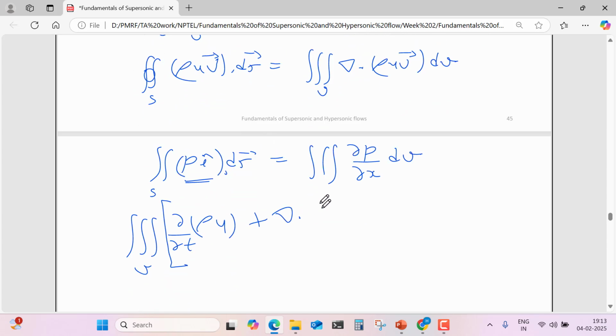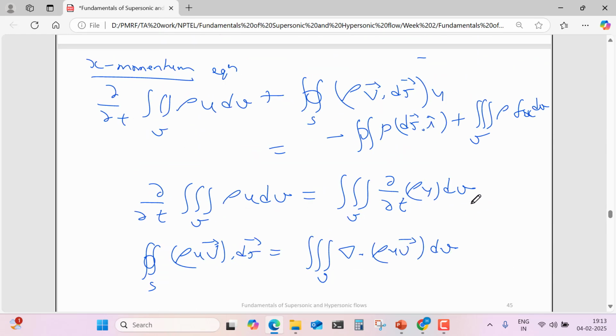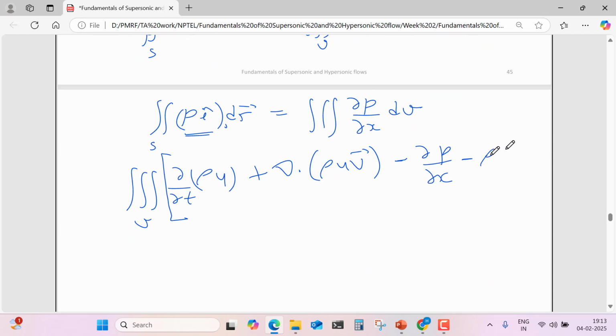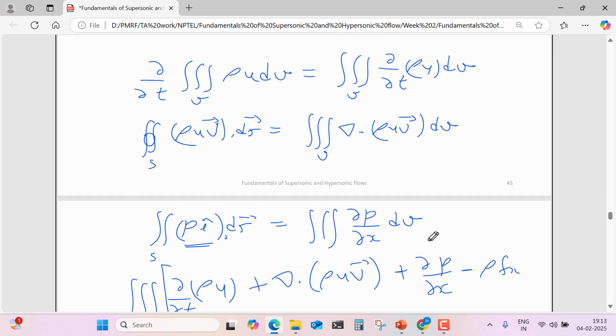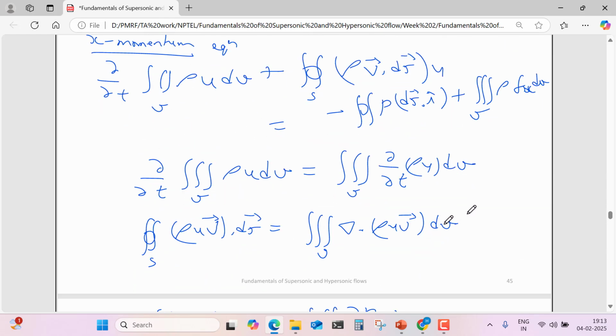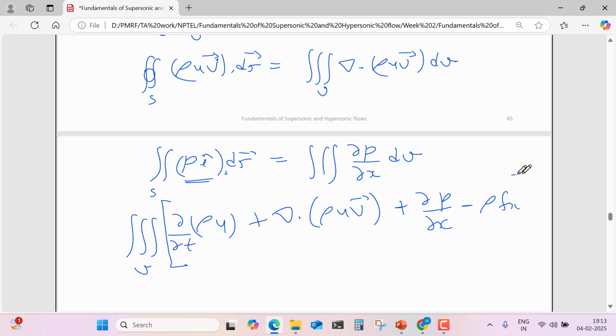Plus del dot ρu V⃗ plus ∂p/∂x minus ρ f_x dV equal to 0.